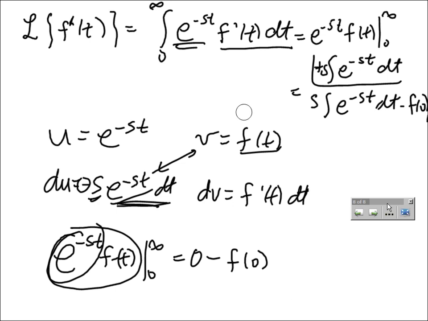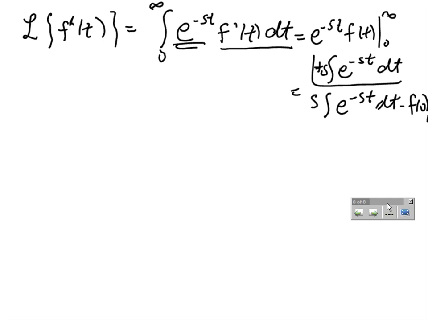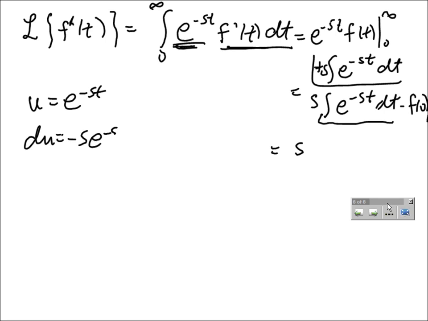So let's continue one more line, equals s. Okay. Always sloppy mistakes. Let's do the parts again. If u is e to the negative st, then du is negative s e to the negative st dt.